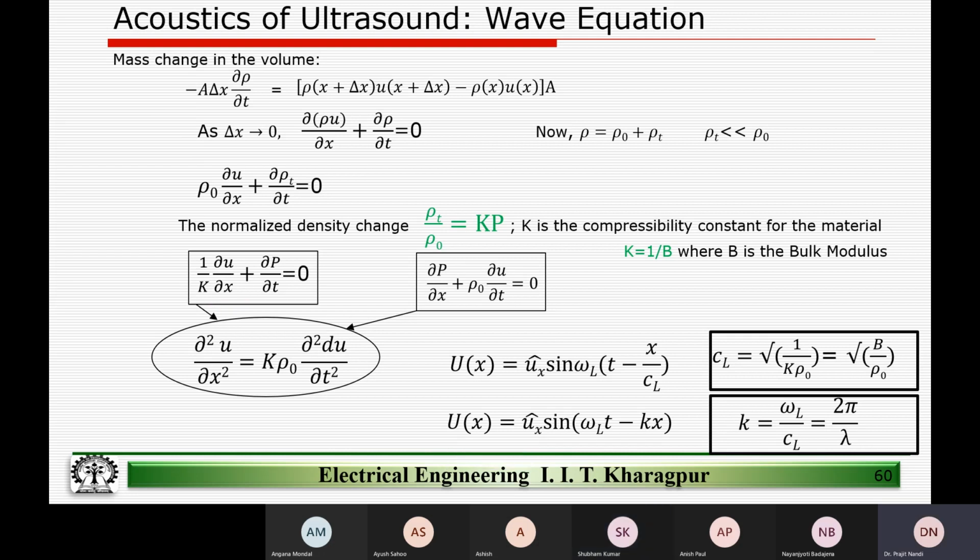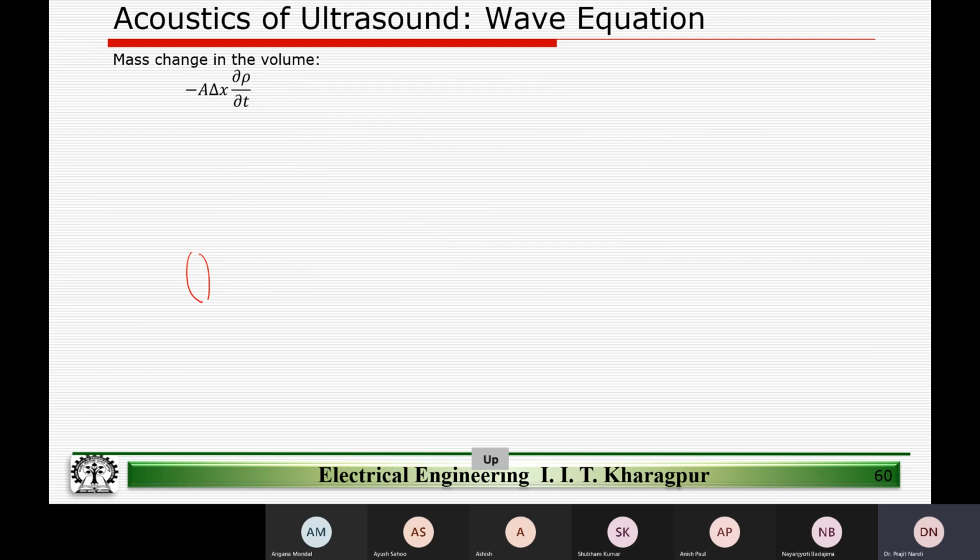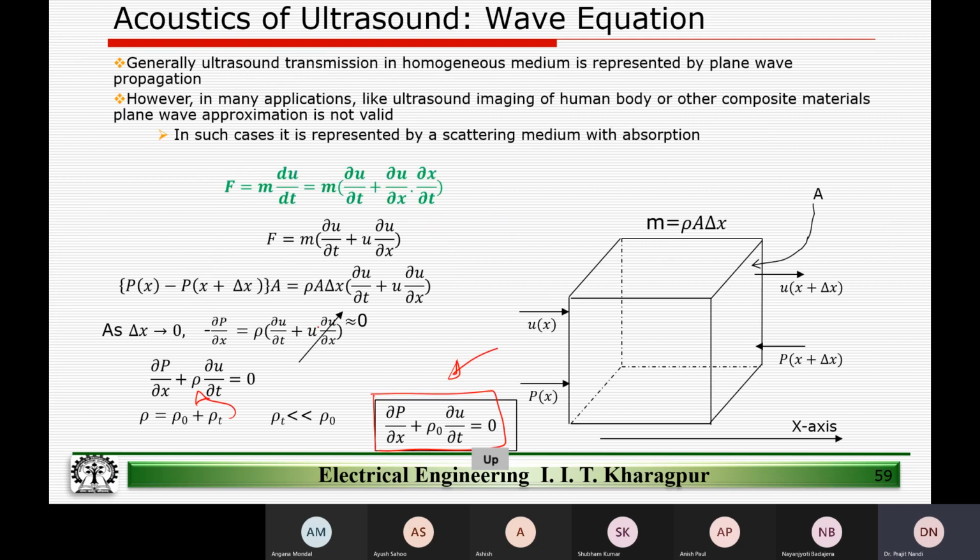So that's a good question actually. Let's go back to the previous slide. If you see here, we are multiplying it with 1 by k, whereas in the previous one I had assumed the complete term, u with del u del x, is a very small quantity.